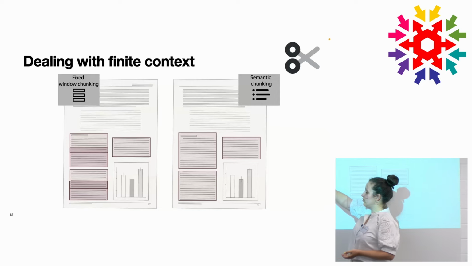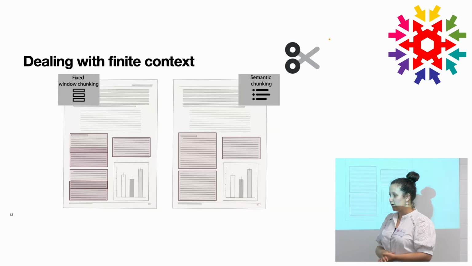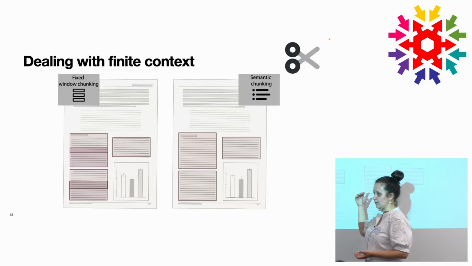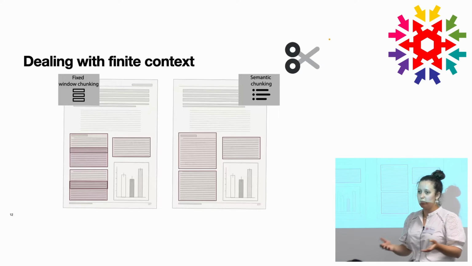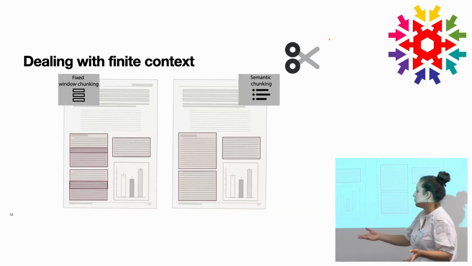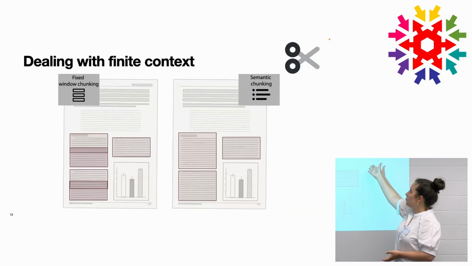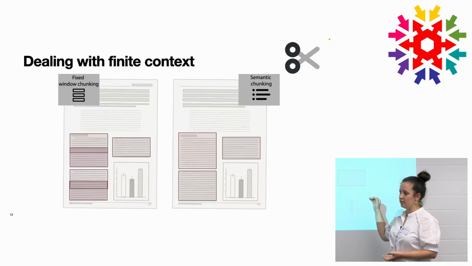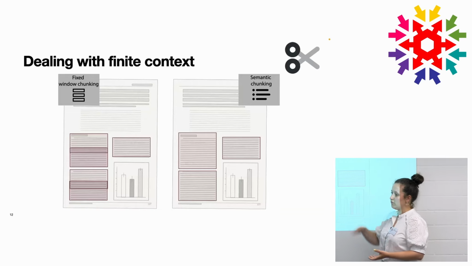The easiest way would be to cut your text apart after a specific sequence. So let's say after 1,000 tokens, I would just cut the text. This comes with some limitations, because maybe you cut a sentence apart in the middle and then it doesn't make any sense anymore. That's why you could also use semantic chunking, which would cut the text, for example, after each sentence or after specific sections.